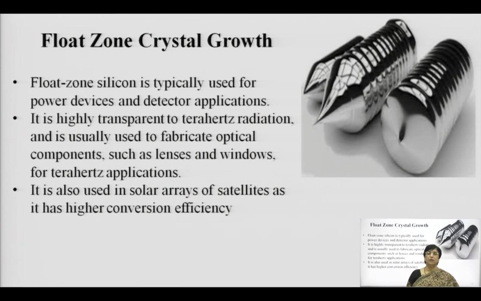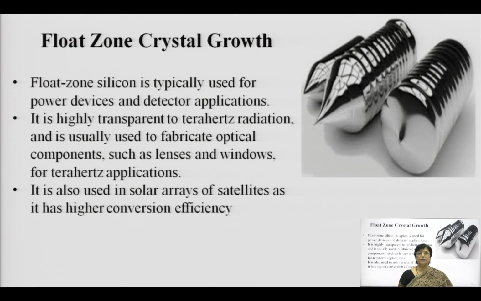The main difference between the float zone and the normal processes is that, since the area is limited, the crystal which is being formed is of high purity. The wafers prepared from such float zone methods find their applications in power devices and precision detector applications.